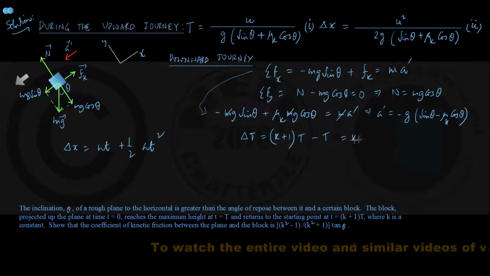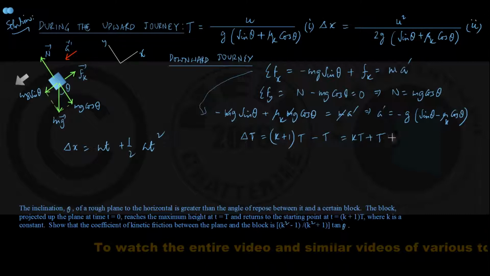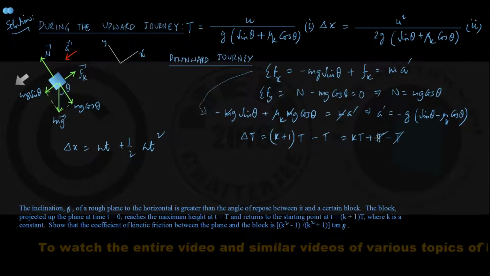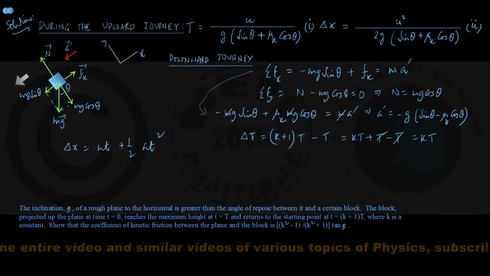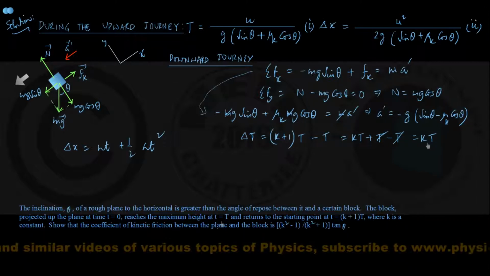And this is coming out to be kT plus T minus T. T is cancelling out. That is k into capital T. So remember, for the downward journey, the time taken was delta T, that was k into T.